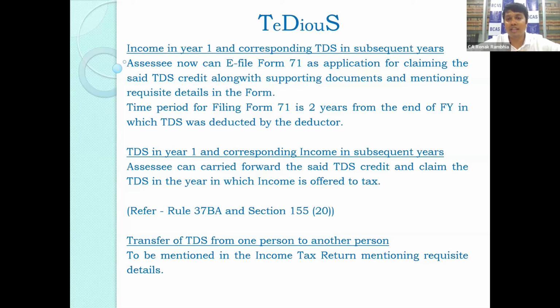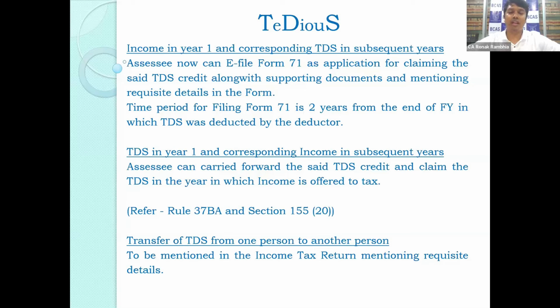The second instance is TDS in year one and the corresponding income in a subsequent year. In case of chartered accountants, your clients deduct TDS on accrual basis, and most chartered accountant firms follow the cash basis. Only when the bill is issued and the money is received do you claim the TDS. So here one has to carry forward the TDS credit. For example, you have TDS credit in year one, but the income is in year two.